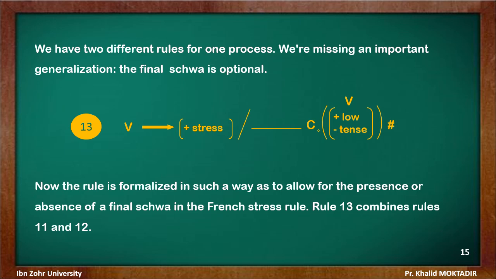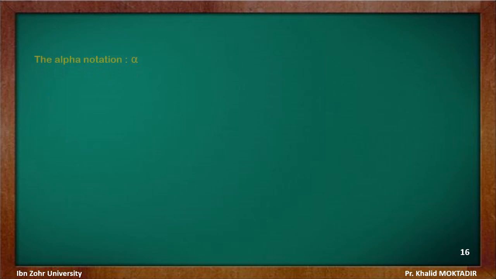This shows that the schwa could be there or not there because we put it between parentheses. So now the rule is formalized in such a way as to allow for the presence or absence of a final schwa in the French stress rule. Rule 13 then combines Rule 11 and 12.